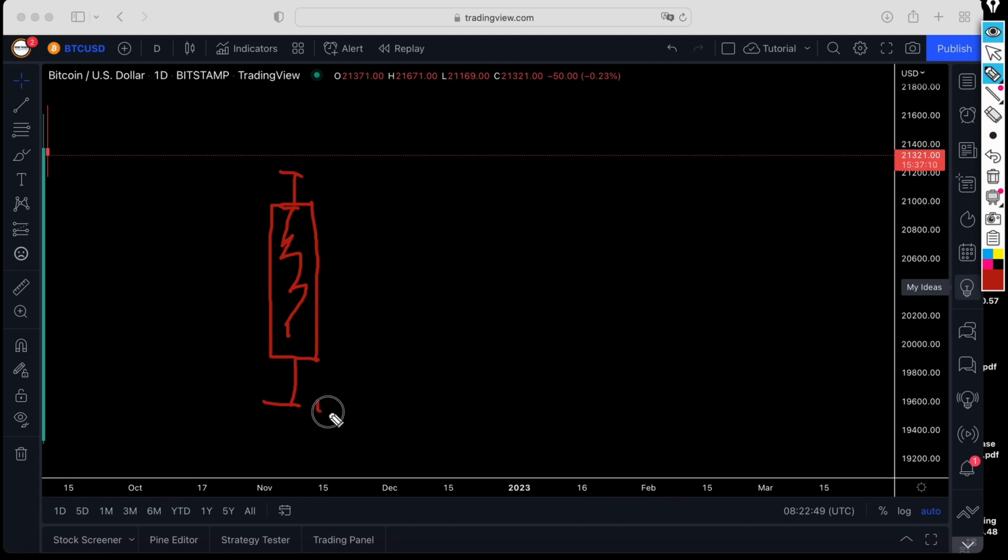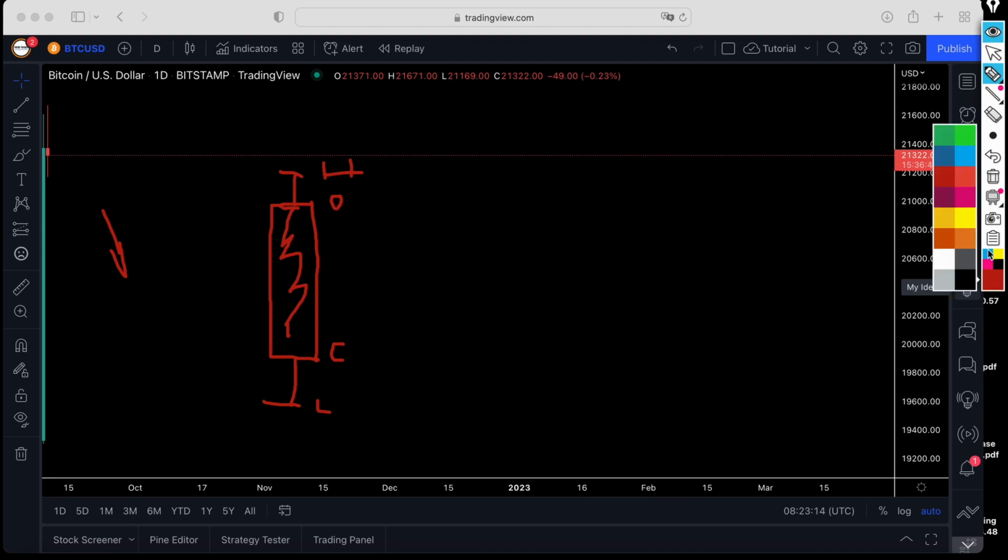Again, this is the low of the day, and this is the high of the day. But remember, in a bearish market, the share price is going down. So if the share price is going down, it means that the market opened at a higher price. So this is the opening price, and this is the closing price. The price closed at a lower level than the level that it opened at, right?